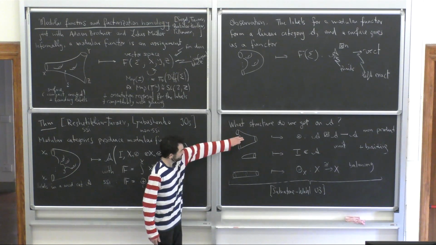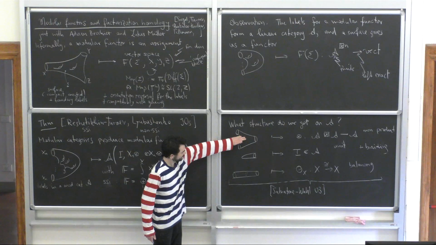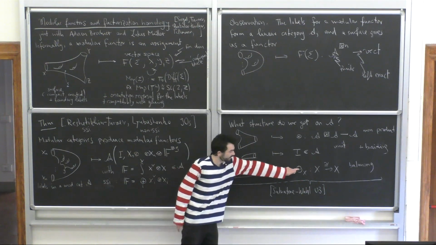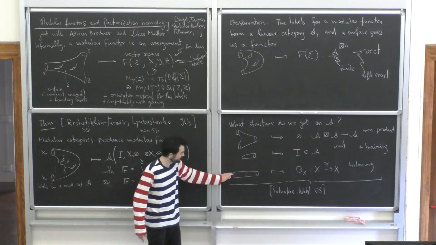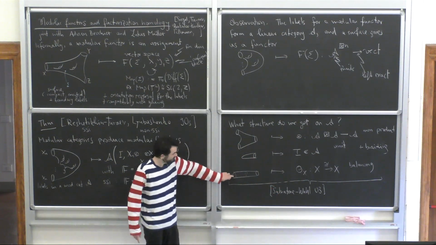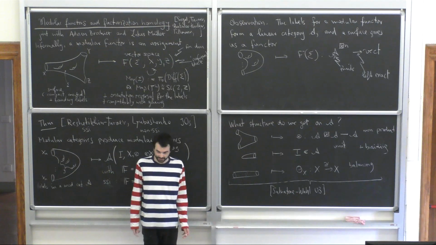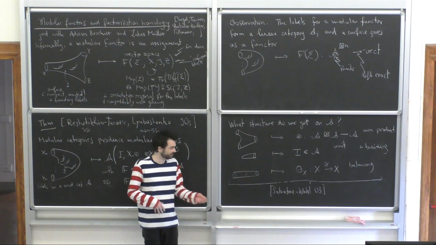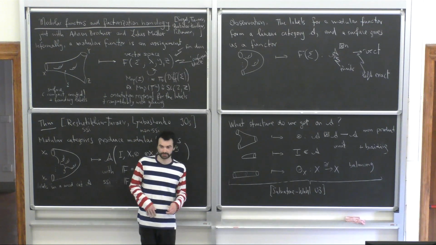This is why the Dehn twist here gives you an isomorphism, even though, and this was Alex's question, the cylinder is sent to the identity functor. But the Dehn twist is an automorphism of the cylinder, so that you get an automorphism of the identity functor.